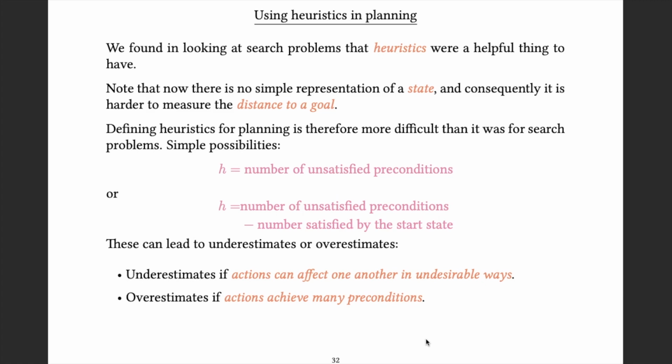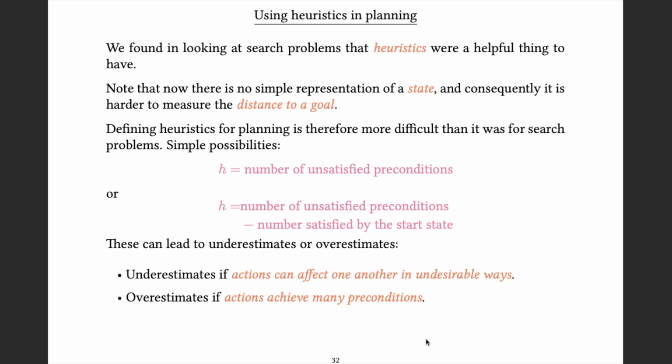The problem there, though, is that we now have actions that can have multiple effects, and that means that a single action can achieve more than one precondition. So that suggests that using these as heuristics might be overestimates.